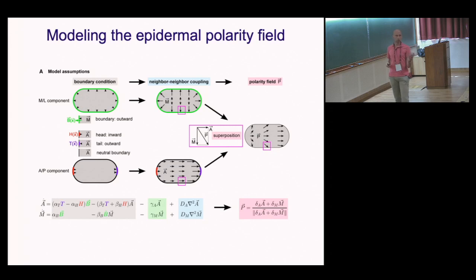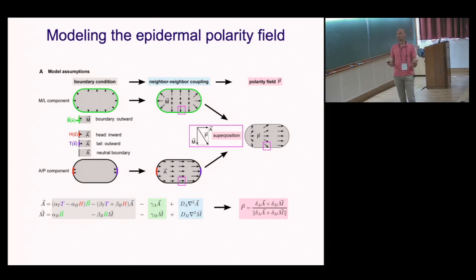And that finally, fourth, we are dealing with separate polarity fields. One that orients along the AP axis, so this is what's mediated by the head and by the tail. And the second field is where we assume this radially directed attractive effect of the margin.